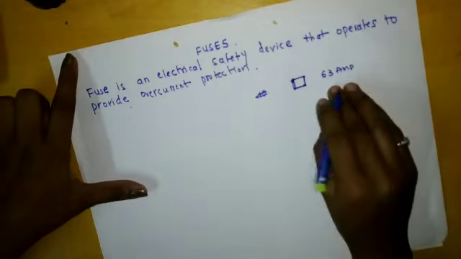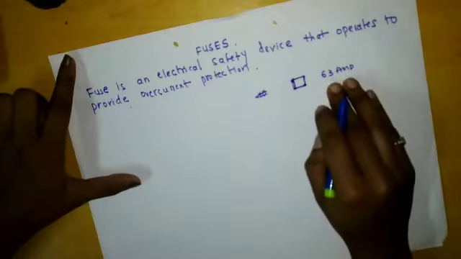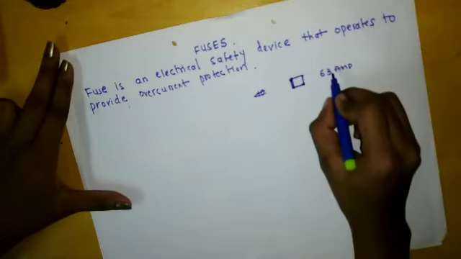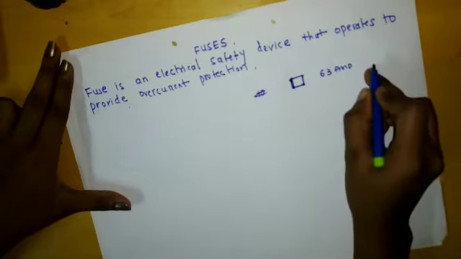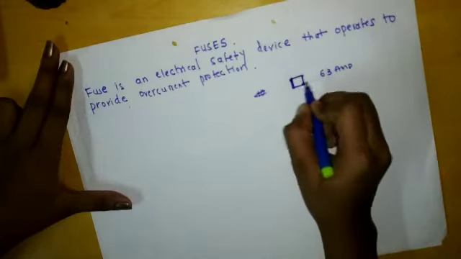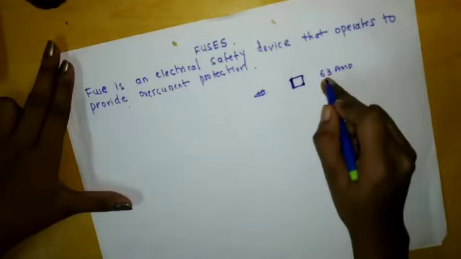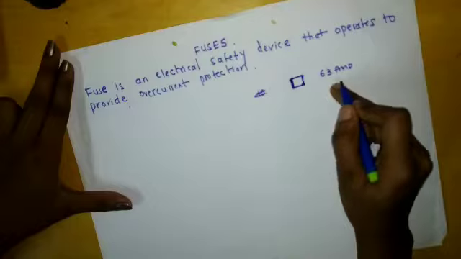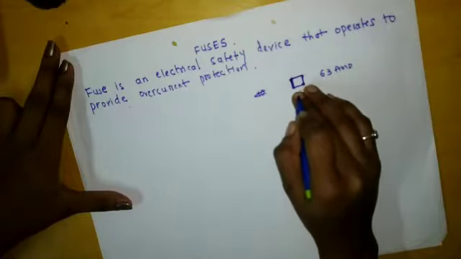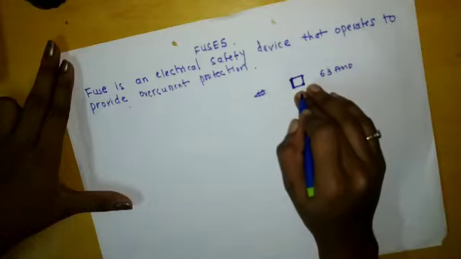Okay, and this will be the normal current rating. Whenever this rating gets exceeded, that means the current will increase in the appliance. If more current than this, it may be 65, 70, whatever, if more current goes through our appliance, then what will happen?